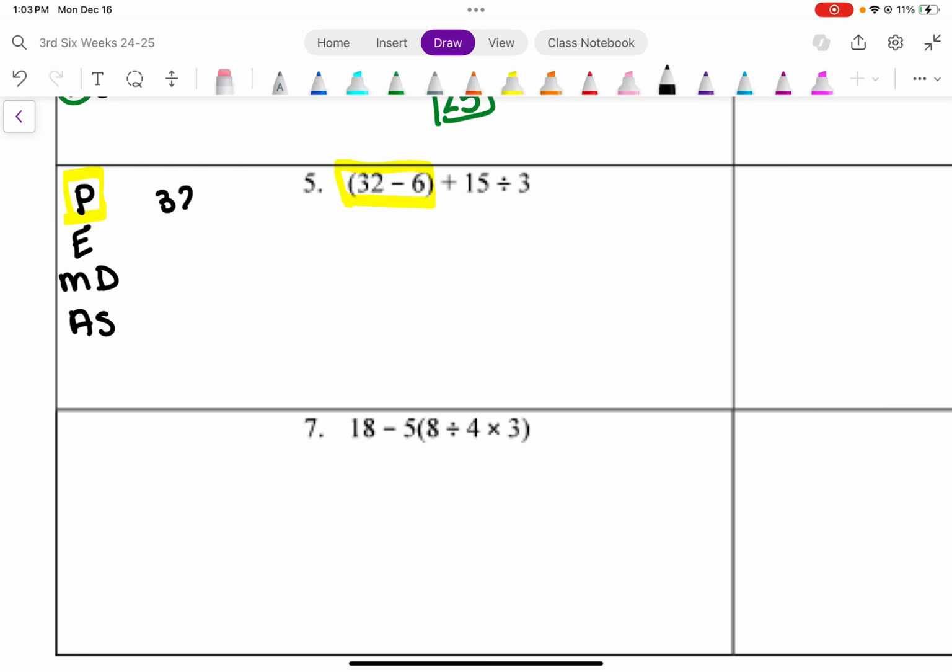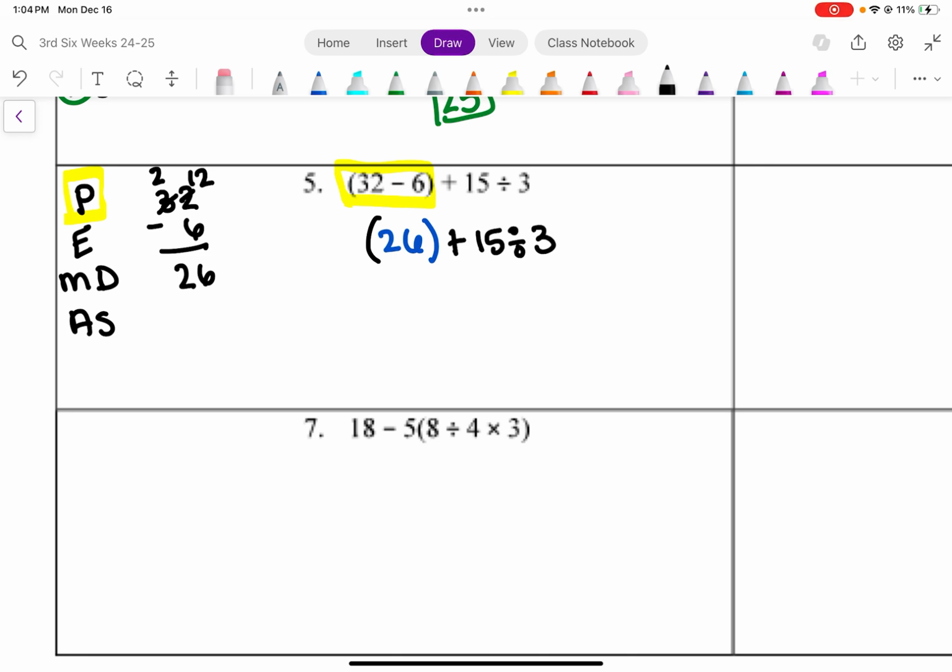So 32 minus 6. I'm left with 26. I like to leave my parentheses after I solve it just to remember that that's what I solved. And I'm going to change that to blue. I'm going to bring everything else back down.